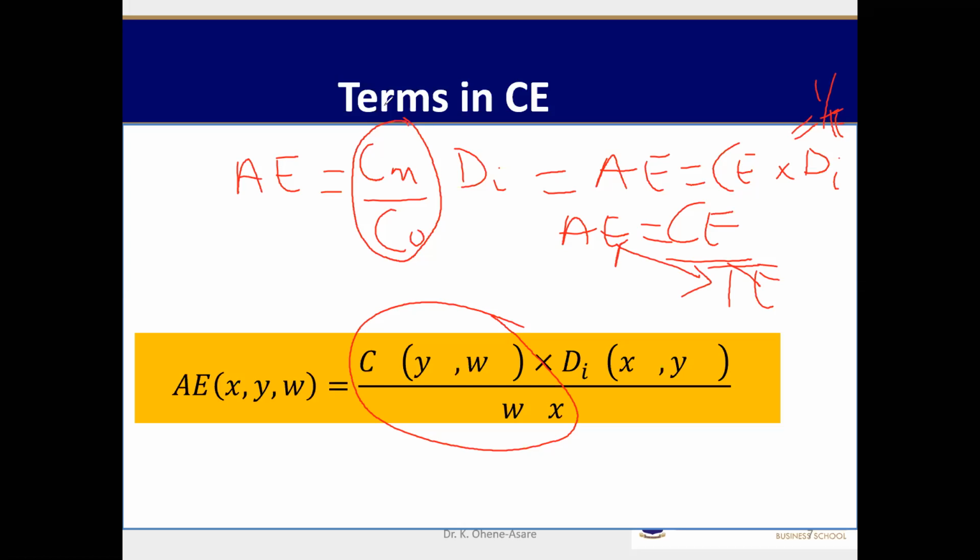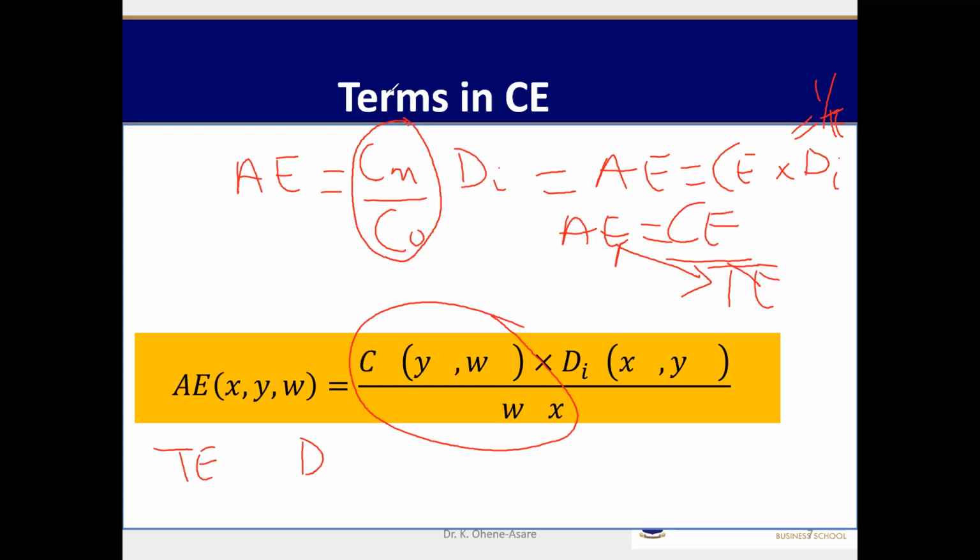Now, this principle is very important. I want you to understand something here at this stage. I want you to pay attention here. That technical efficiency is a Farrell definition. It's according to Farrell, 1957. And distance function, sometimes we call it D, sometimes we call it DF. Distance function is Shepard.